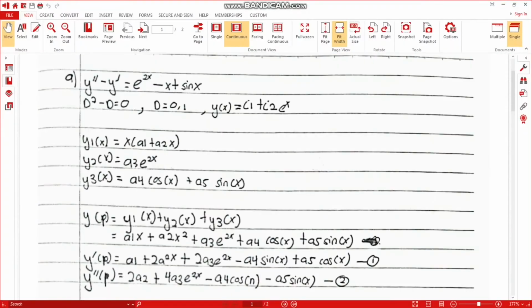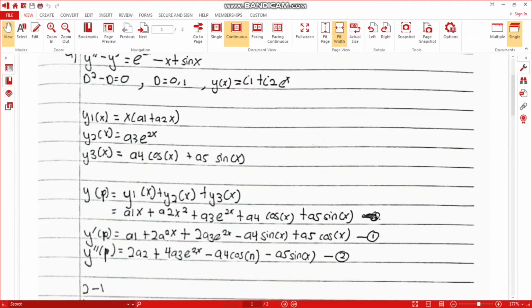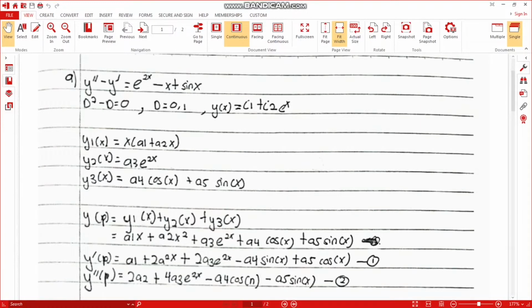Okay, for this we need to find our yc or yp. So I do as a yp. So first of all we need to do our f(x) equals to 0. So after doing 0 we can find our y3. So first equation is y1 equals to a1 plus a2x.